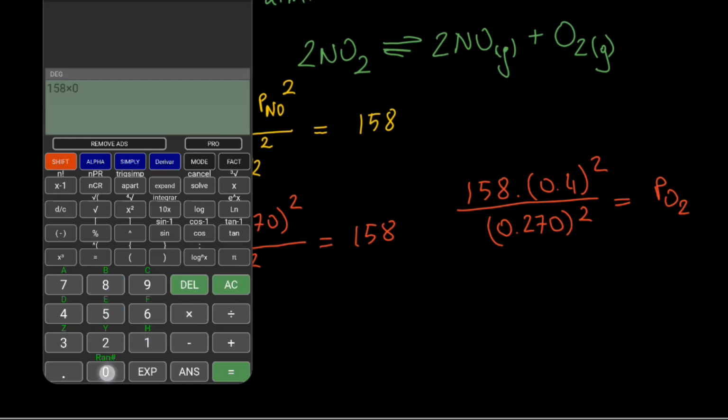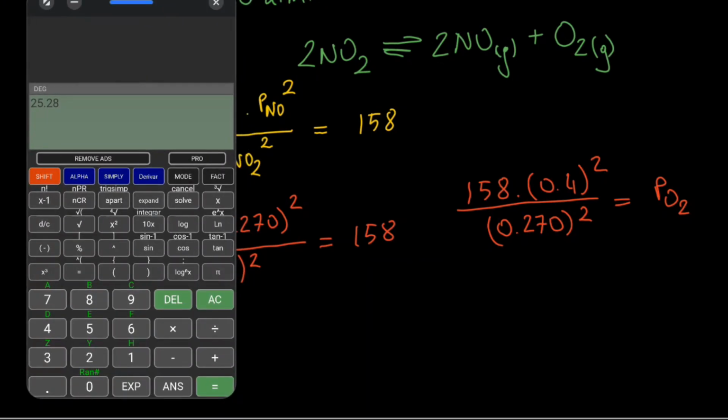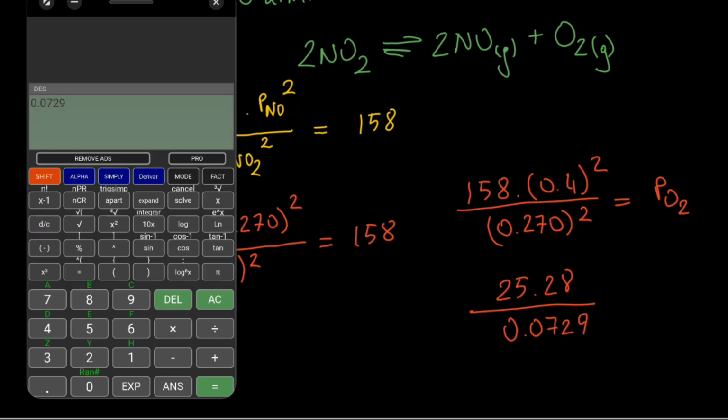158 times 0.4 times 0.4 equals 25.28, over 0.27 times 0.27, which is 0.0729, and this is equal to PO2.